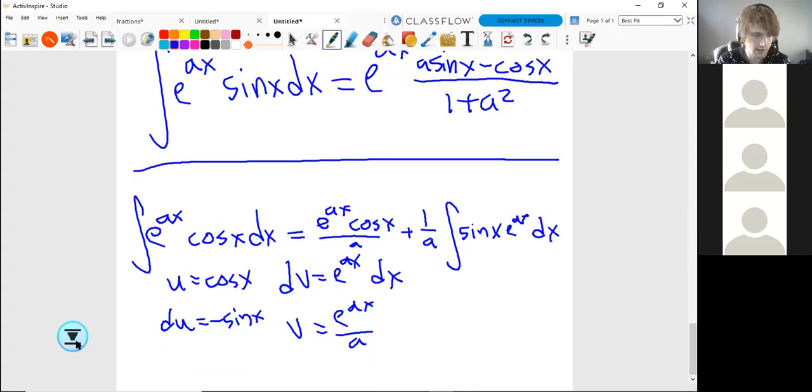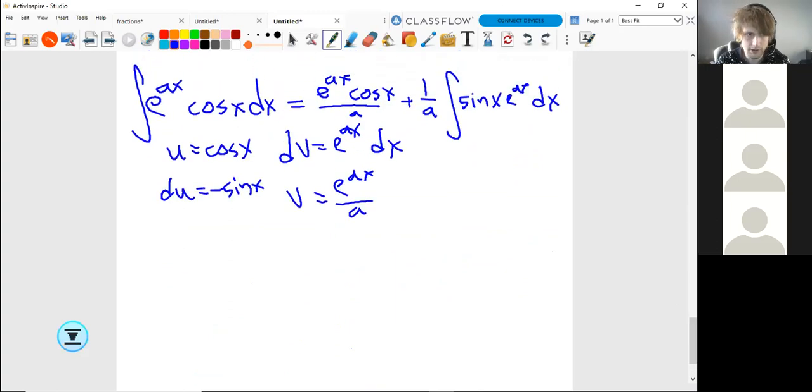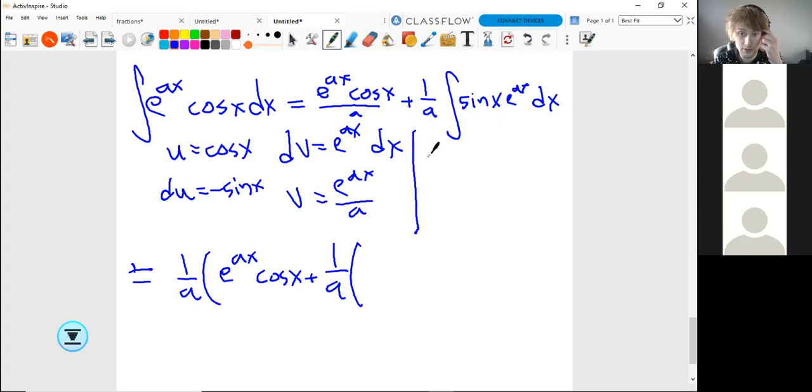Okay. But we know that this is equal to 1 over a. Let's write, I don't want to skip too many steps. Okay, e to the ax cosine x over a plus 1 over a times the integral. We're going to do it again. u is equal to sine of x, du is equal to cosine of x, dv is equal to e to the ax dx.